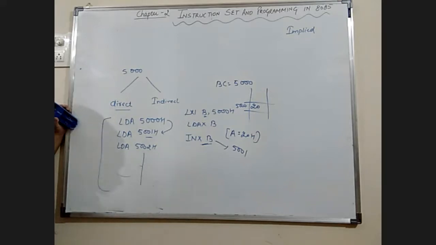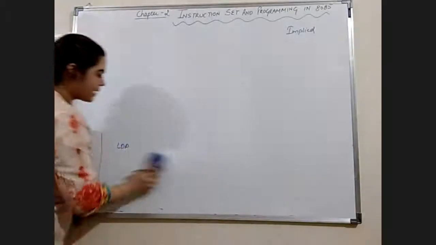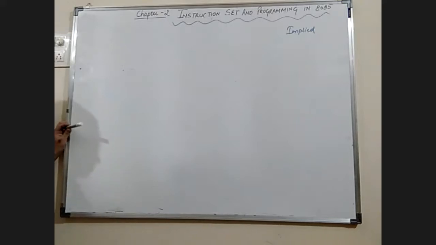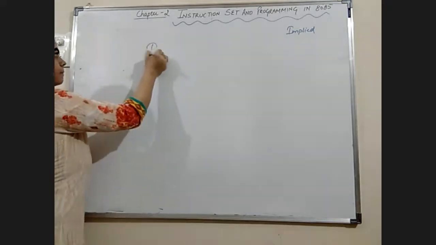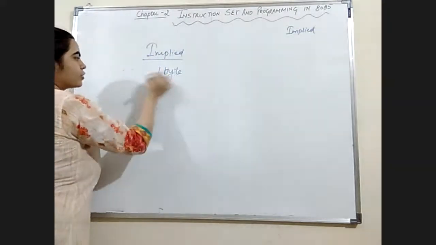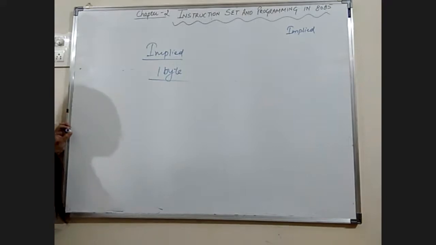This becomes easier. Next and last addressing mode is implied addressing mode. Now students, in case of implied addressing mode, the operand is inside the opcode itself. There is no operand individually specified. So basically the implied type of instructions are of only 1 byte, because explicitly no data or no address is specified in the instruction.